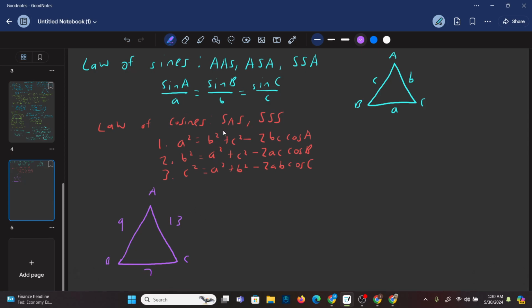So because we have side, side, side, we would use the law of cosines.